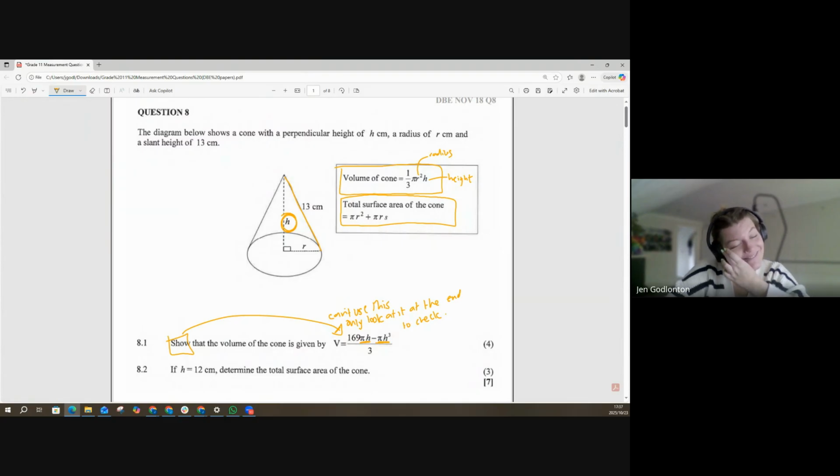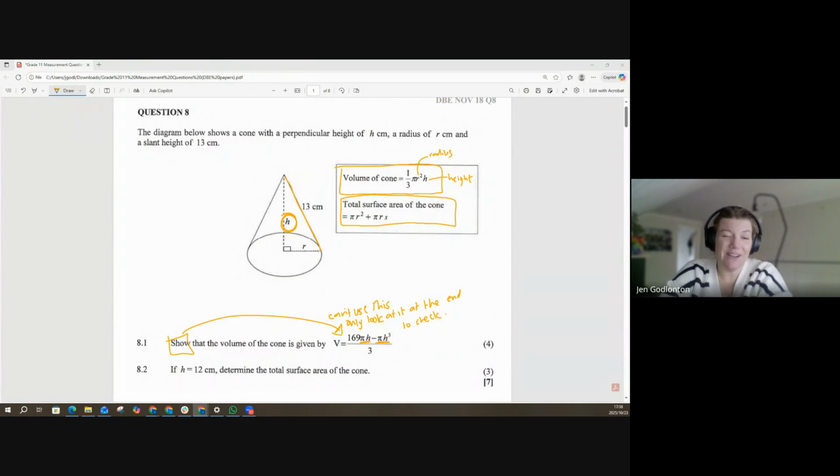Oh no. Give you some time to try and figure it out first. So give it your best go. Don't work it out as a whole number because remember you've got h and you've got pi in there.